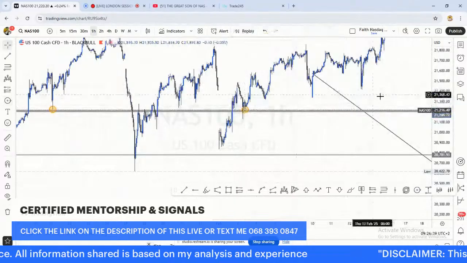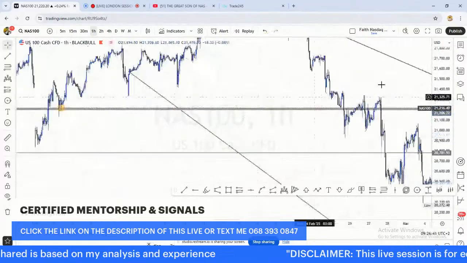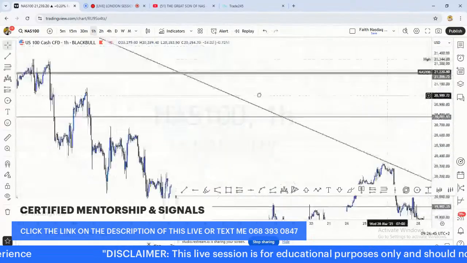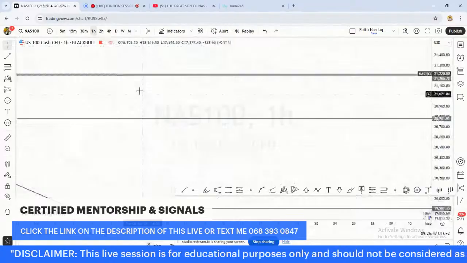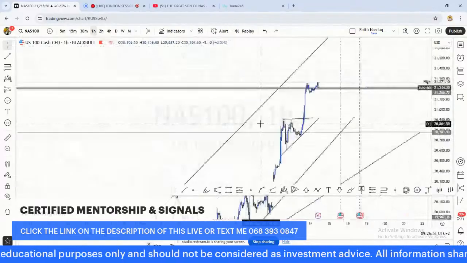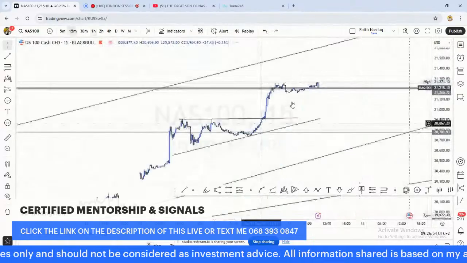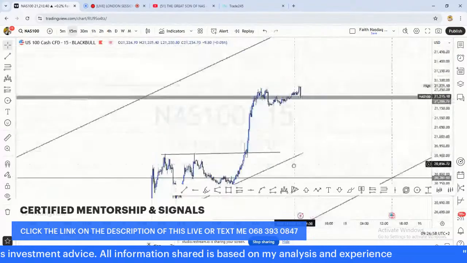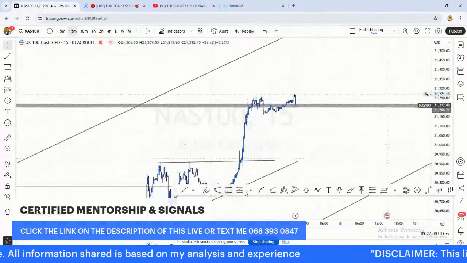You understand? So looking at the current market price now, the market is actually above for now. So it's just a matter of that long candle, but it's coming from above. So the chances of it pushing to the top are too high.